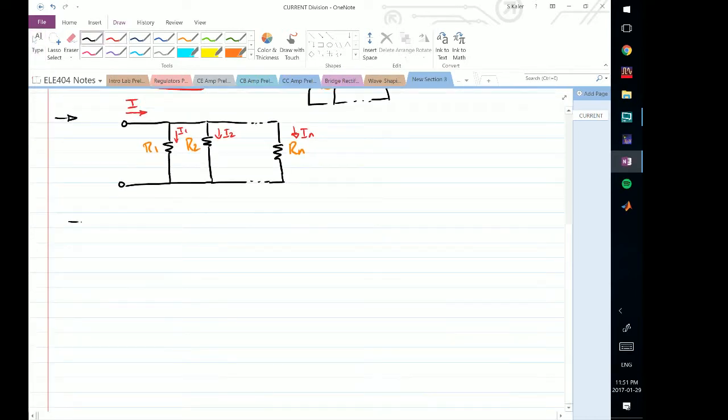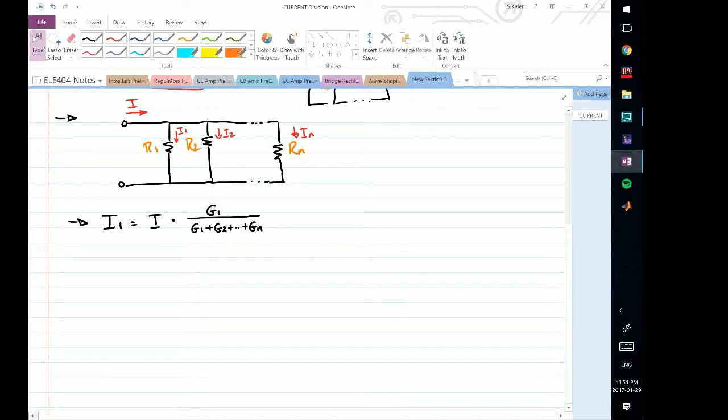So current division tells us that, let's say I1 is going to equal the total current I times G1 divided by G1 plus G2 plus Gn. And so now the thing to note here is that this is not the resistance, but this is the inverse of the resistance, which we call conductance.